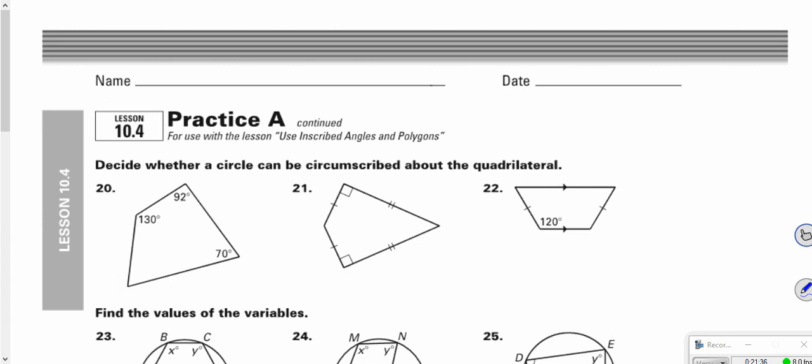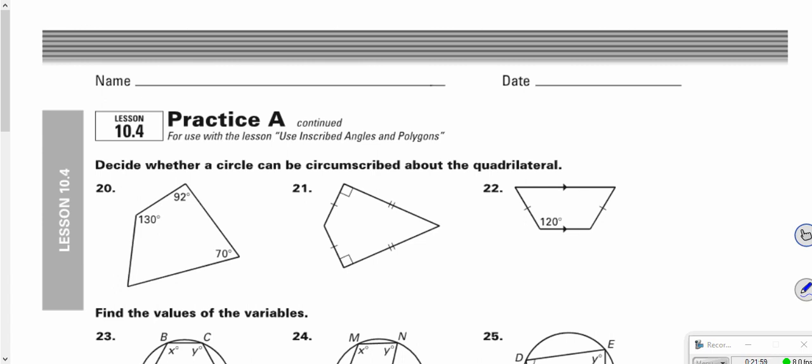Decide whether a circle can be circumscribed about the quadrilateral. Now remember, we had that theorem, I believe it was 10. Yep, a quadrilateral can be inscribed in a circle if and only if its opposite angles are supplementary. So a quadrilateral being inscribed is the same thing as saying the circle is circumscribed around it.